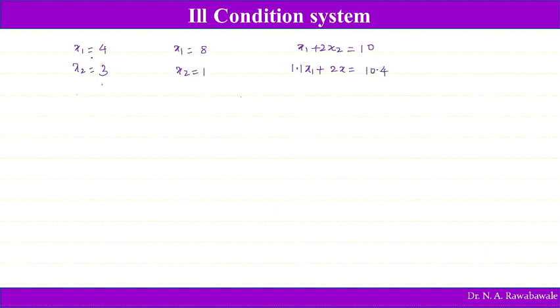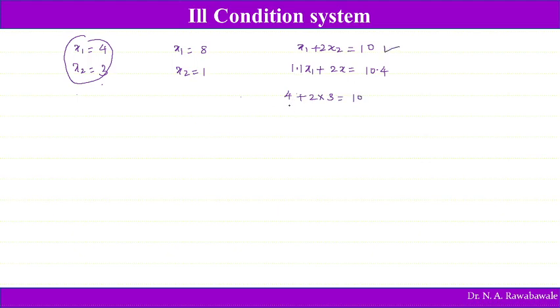So now if we substitute the first set of values in this original equation, so for example substituting x1 is equal to 4 plus 2 into x2 is equal to 3, 4 plus 6 is equal to 10. So this satisfies first equation.